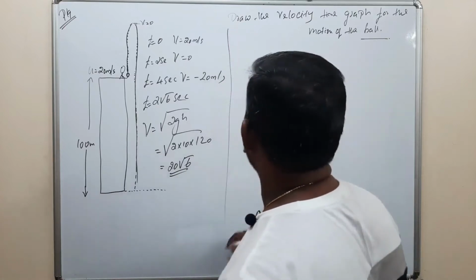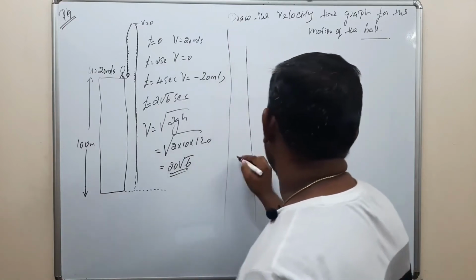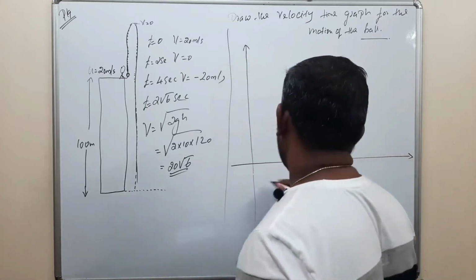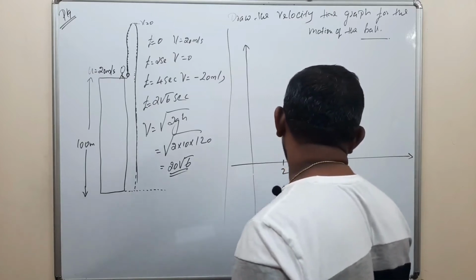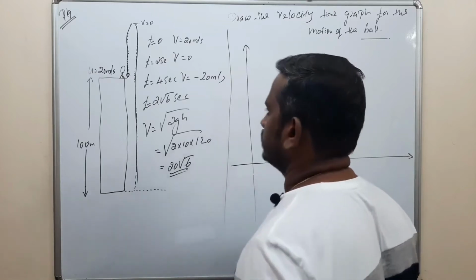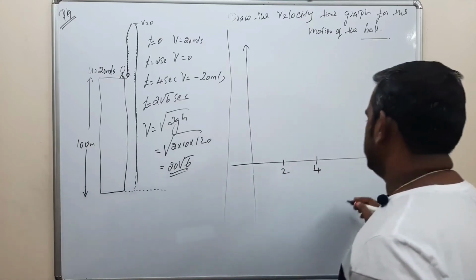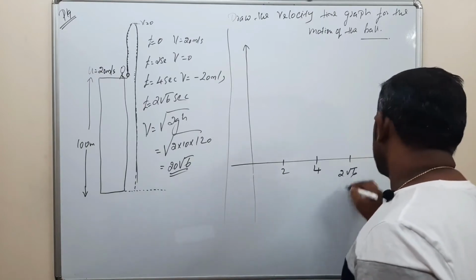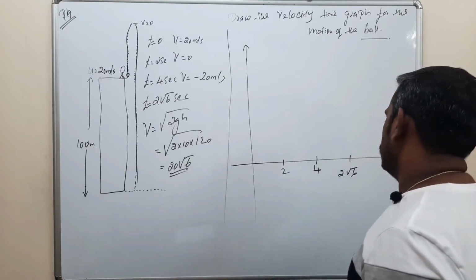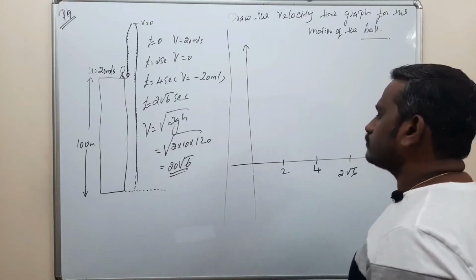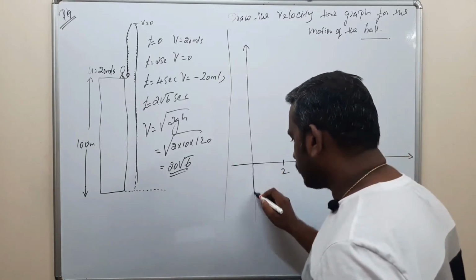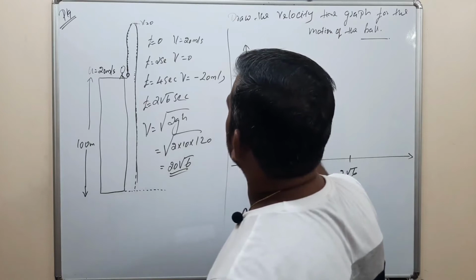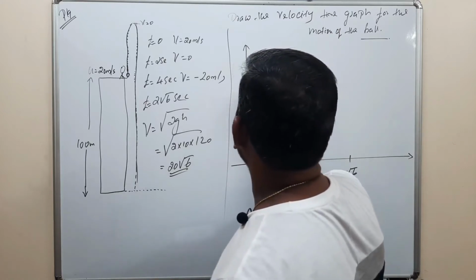Connecting all these points, we can draw the velocity time graph. At t equals 0, the velocity is 20 meter per second.